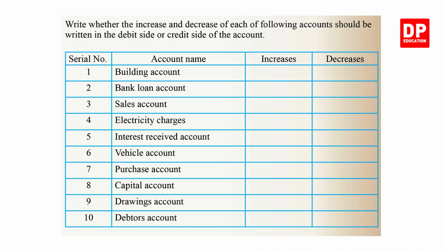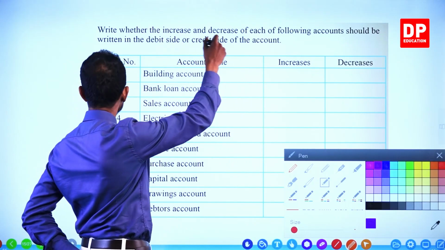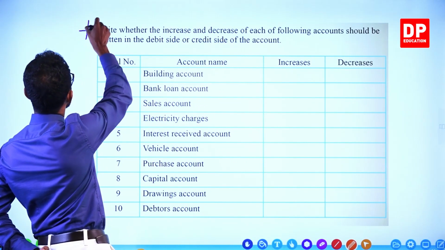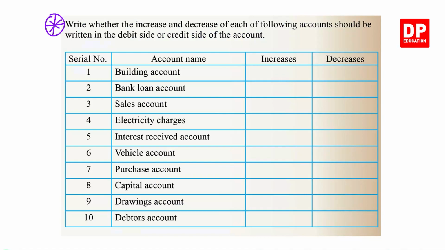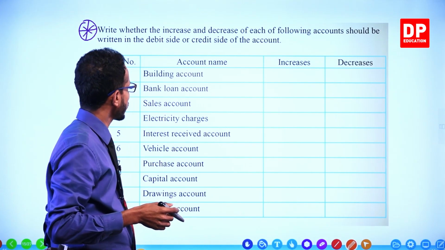We have some activity on the screen, which is from the textbook. Let's do it now. Let's read the activity first. Write whether the increasing and decreasing of each of the following accounts should be written in the debit or credit. They have given some accounts.